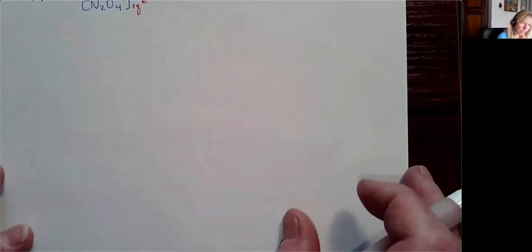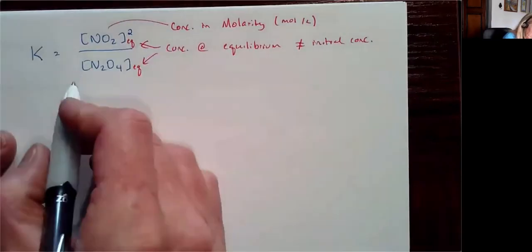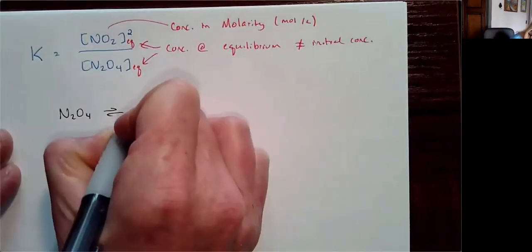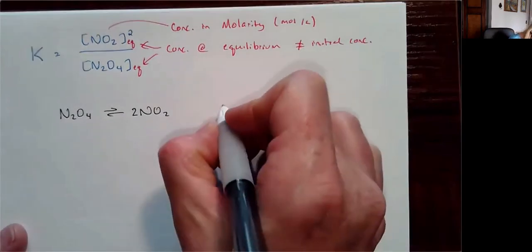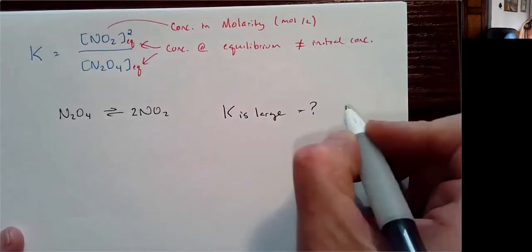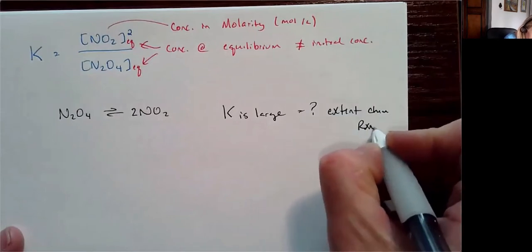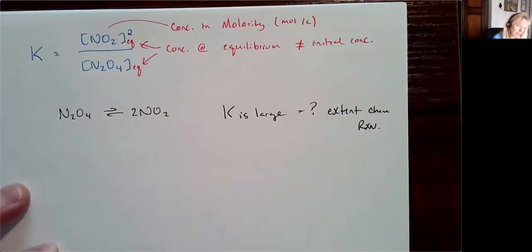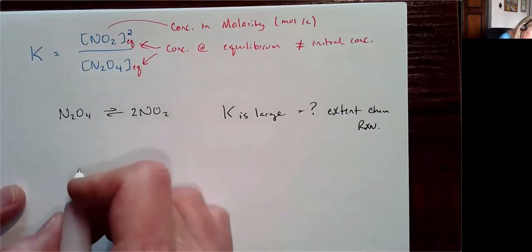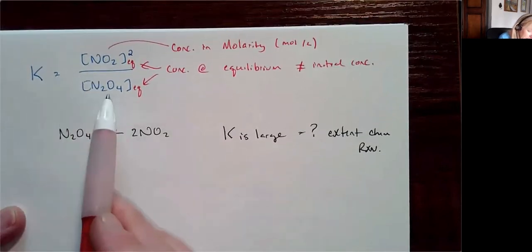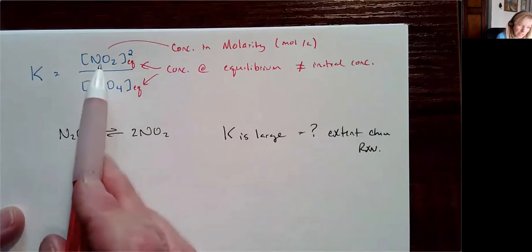Let's talk about the magnitude of K, what K means. If K is large, let's say we'll go back to this very simple chemical equation. What does that imply for the extent of the chemical reaction? How far has the chemical reaction gone? If K is large, that means that N2O4 is going to be relatively small compared to NO2.